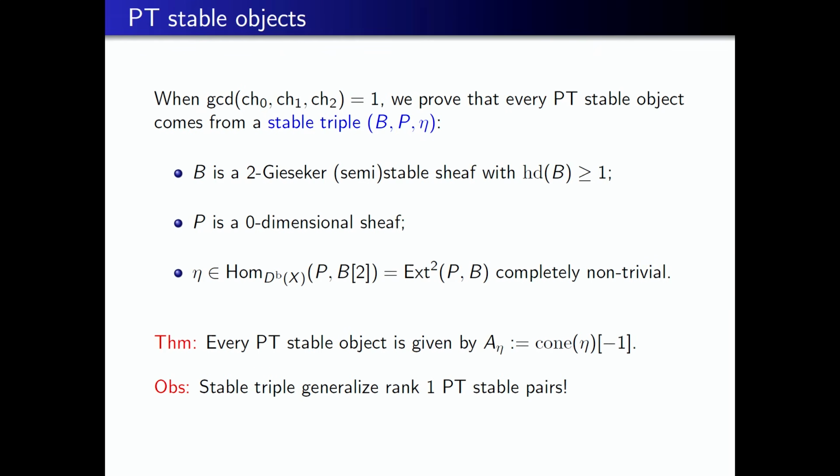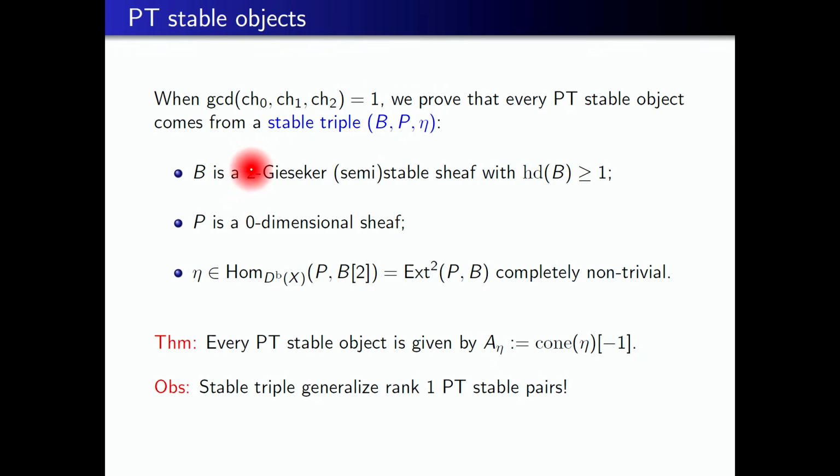Now let me give one definition of PT stable objects, the definition that is easier to give in my context here. And it goes like this. They can be described in terms of a triple, at least in this condition, which is the same condition that Carolina asked me about. So if Chern 0, 1, and 2 are co-prime, PT stable objects can be described as follows.